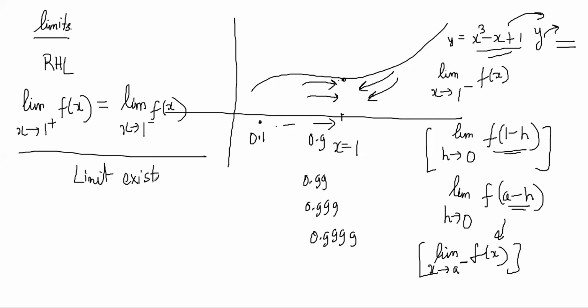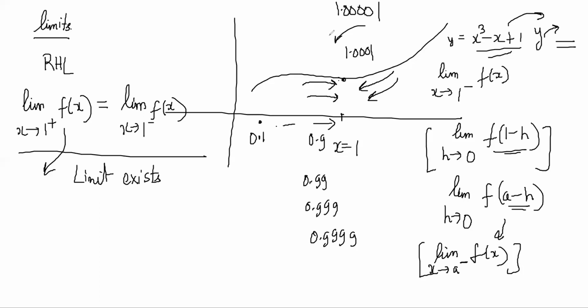So right hand limit is when you start from 1.0001 or get closer from there, 1.00001, right? You're getting closer and closer to 1, but not exactly equal to 1, as close as possible without being equal. There are actually infinite numbers, so we can get as close as you want, right?